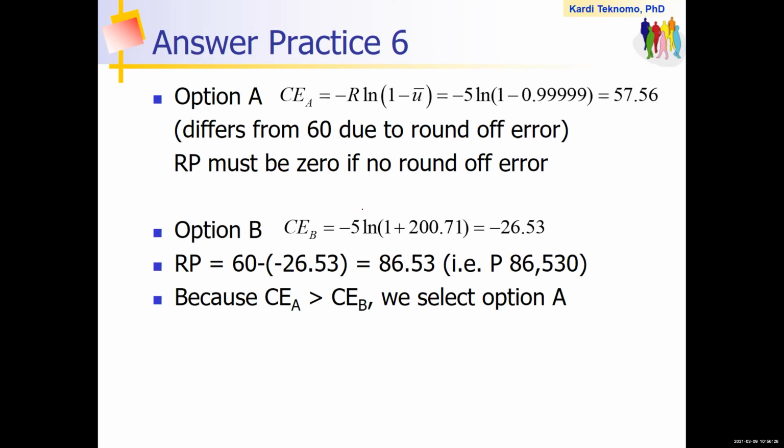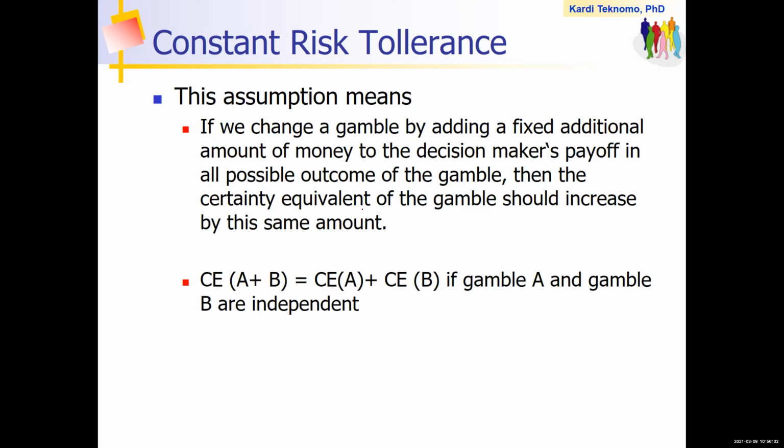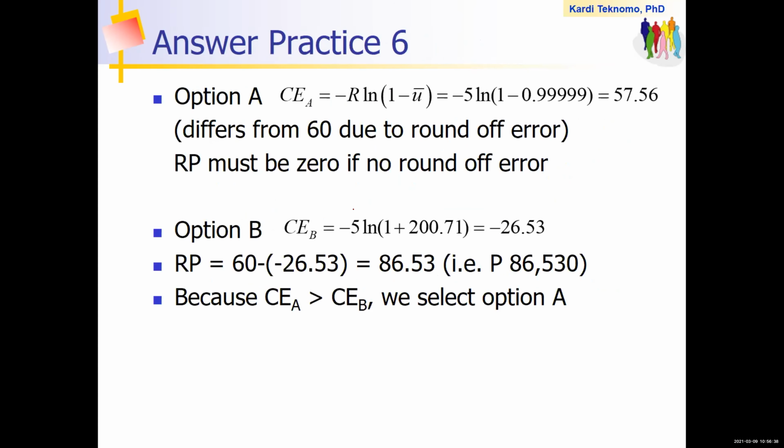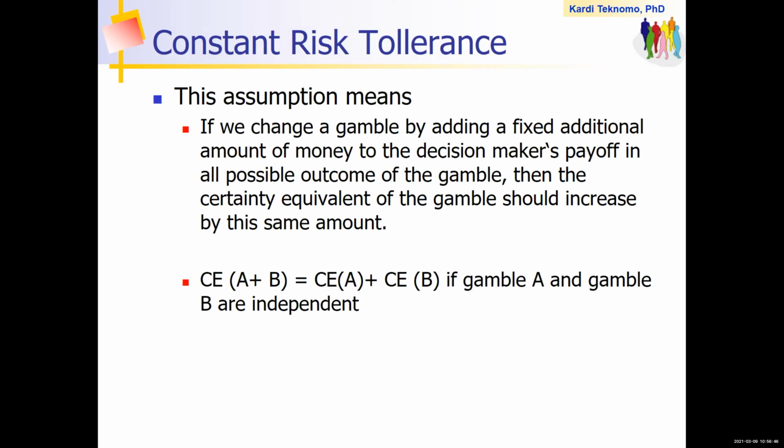Is it clear or not? Okay, so, but remember, when you use certain equivalent with this formula, okay, you have parameter R here, right? This R here is called risk tolerance, which is constant. So the constant risk tolerance is assumed, right?